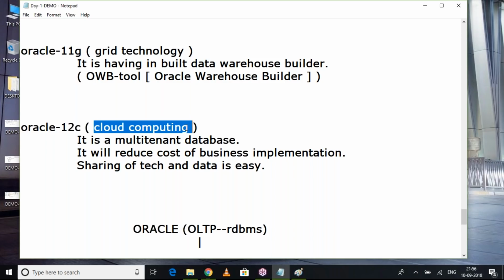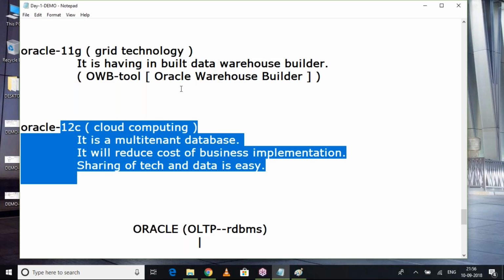Understand? In the next session, I will explain Oracle 11G, the benefits of Oracle 12c, what the drawbacks in 11G are, and how those drawbacks are eliminated by using 12c. That part we will see tomorrow.